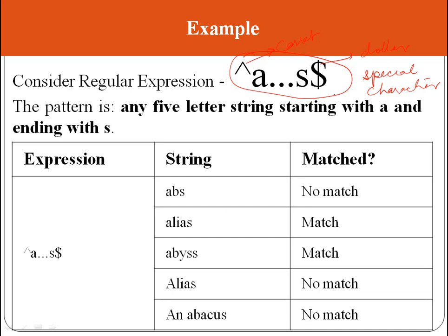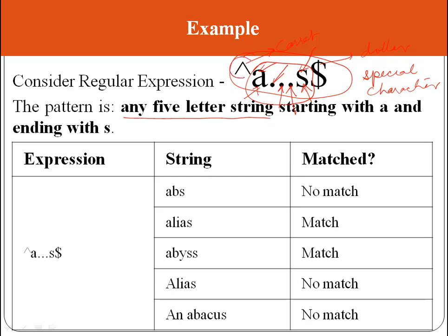And what this pattern is explaining to us is that it matches any five-letter string. How is it five letters? This is your first letter, this is your second letter, this is your third letter, this is your fourth letter, and this is your fifth letter. So a total of five letters has been defined in this regular expression. Any five-letter string starting with A and ending with S, right?